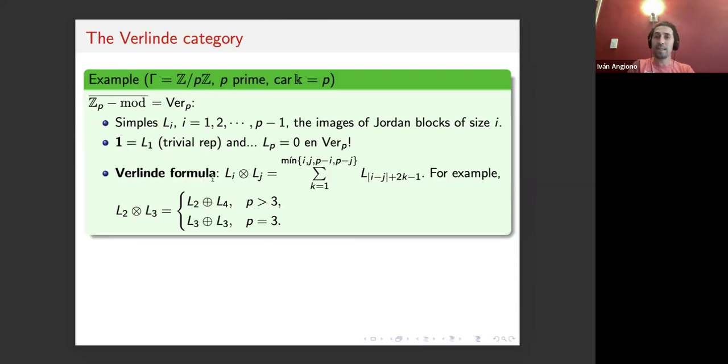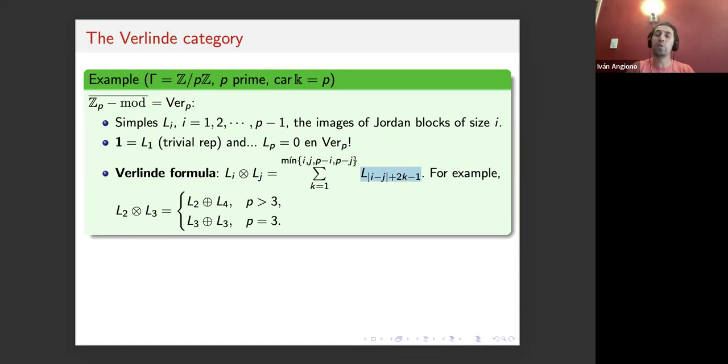What happens is that, how is the decomposition of the tensor product of two simple objects? This is what you want to know. And this is a kind of Verlinde formula. It is a truncated version. The usual Verlinde formula is the addition of these objects from 1 to the minimum between i and j. But here you cut also by the minimum of p minus i, p minus j.